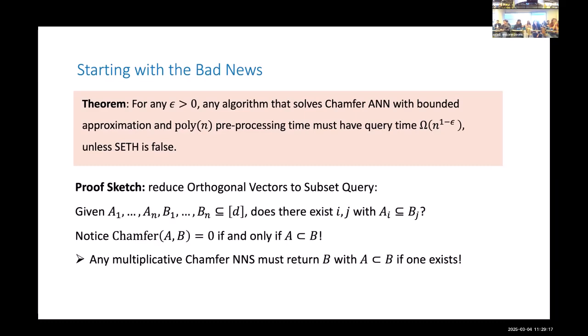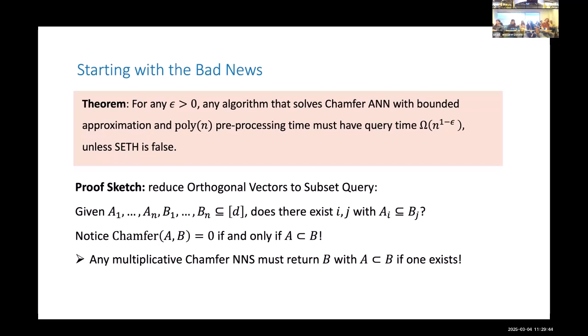And why is that? For anyone that's seen these kinds of reductions, it's fairly easy to see. One problem that's actually hard to solve in sublinear time is: I have a bunch of sets A, a bunch of sets B. I want to ask, is one set A contained in the other set B? And one interesting thing about chamfer is that if you think of it as if you're working with sets, if A is actually contained in B, then chamfer(A,B) is 0.